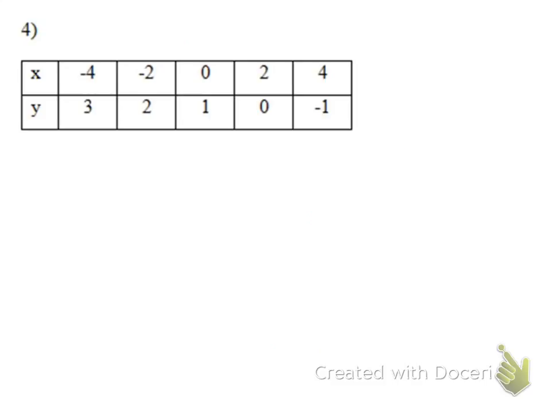All right, here's number 4. I'll give you a second to get this one down. All right, so where should I start on this one? The 2 and the 3. What is 2 minus 3? Negative 1. And then on the bottom, what is negative 2 minus negative 4?